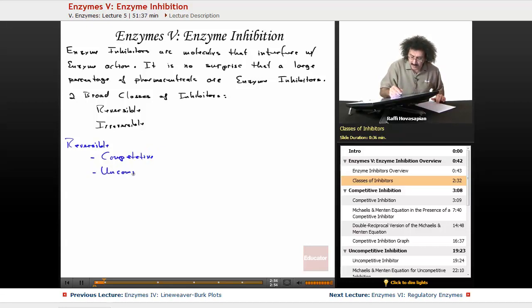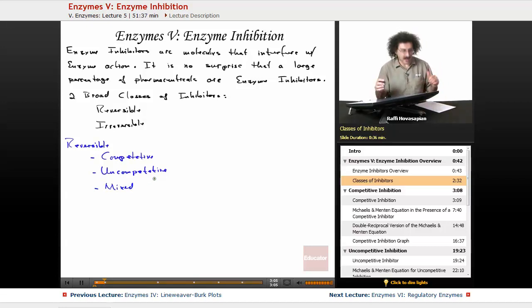An uncompetitive inhibitor, and a mixed inhibitor. Mixed being a combination of competitive and uncompetitive. Okay, so let's go ahead and deal with these one at a time. So the first thing we're going to deal with is competitive inhibition. It's the most intuitive one, the one that is most easily understood.